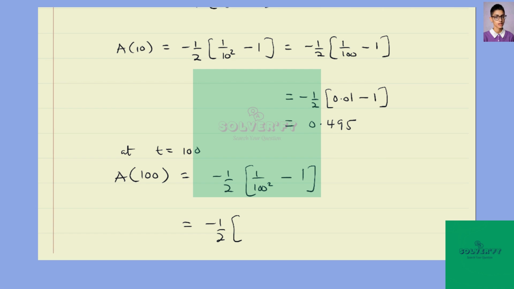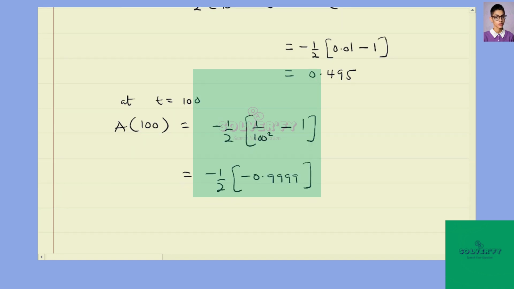The whole thing inside is negative 0.9999, and when you multiply that by 0.5, you have 0.4995.